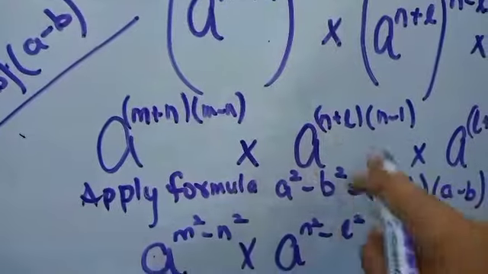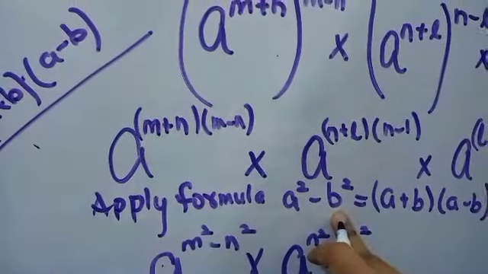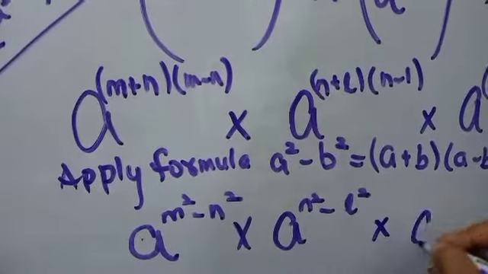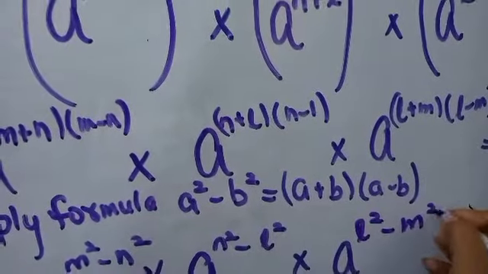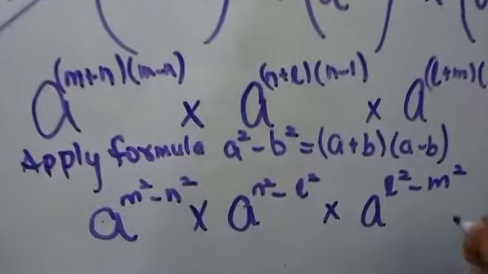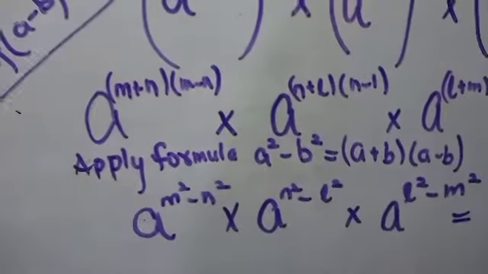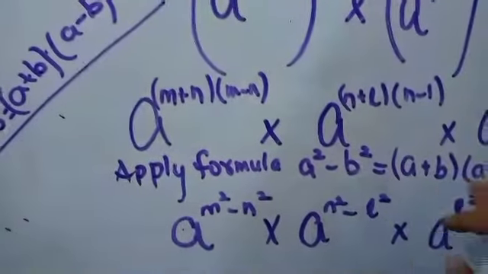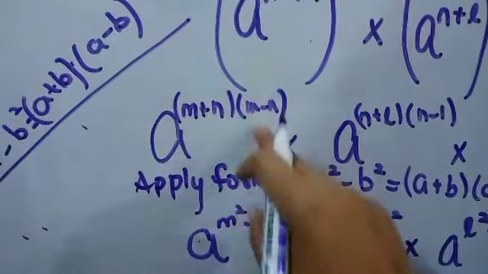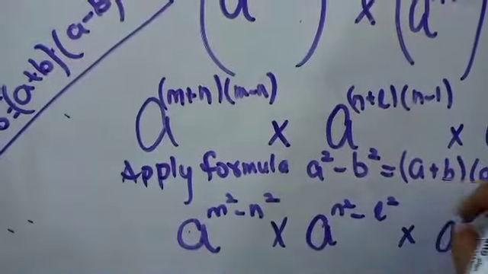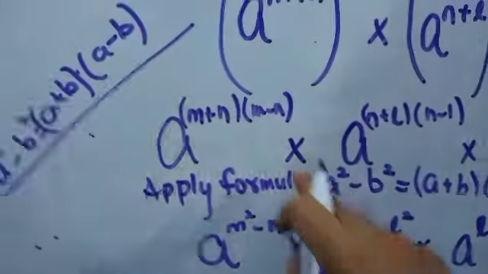So n square minus l square comes over here, multiplied by, again, l square minus m square. Please do not get confused, do not think it is difficult. It is simply applying the formula. This whole formula is equal to this, so I'm just doing this. If this is given to you, it will be equal to this.